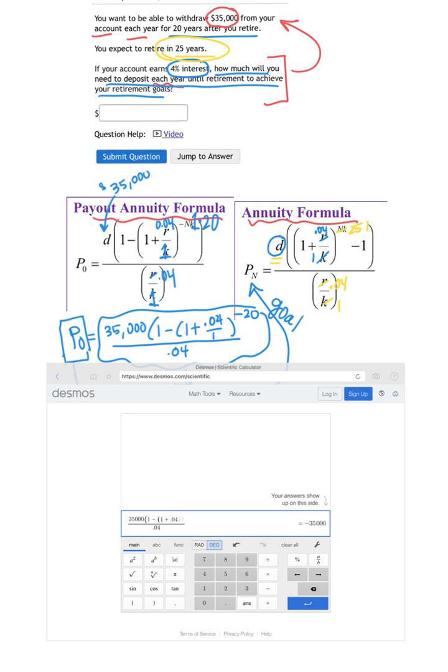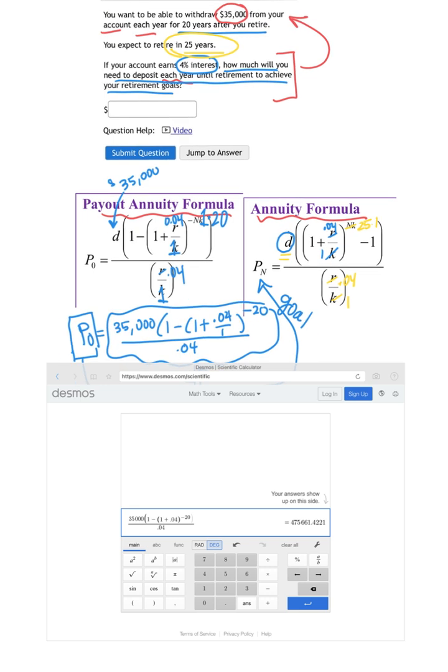It's over 1, so I'm just going to leave it like that. Close parenthesis. And I use the exponent button to the negative 20 power. So it looks like my goal is actually $475,661.42. So that's the goal for my annuity, because I'm going to be saving an annuity in order for it to pay out the desired amount of money.